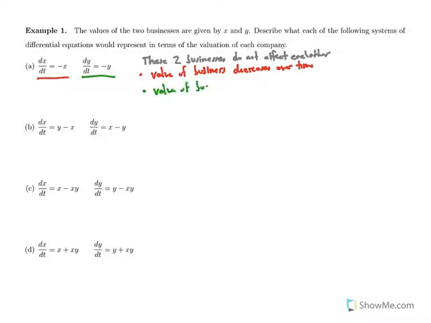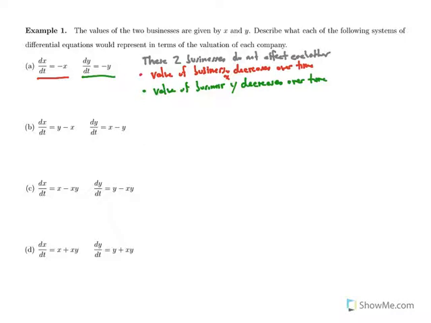So the value of business y decreases over time. I should say this is business x, so the first one. But in general, those two businesses don't have anything to do with each other because there's not a y or an x in the other differential equation. This is like our differential equations we've dealt with so far in this chapter.